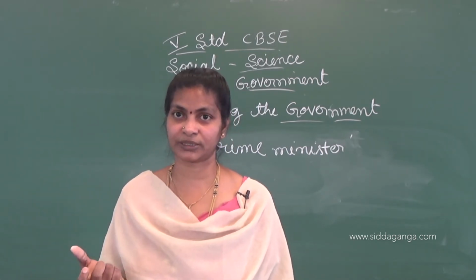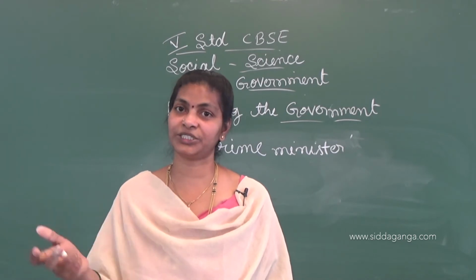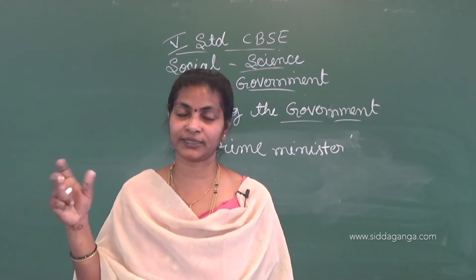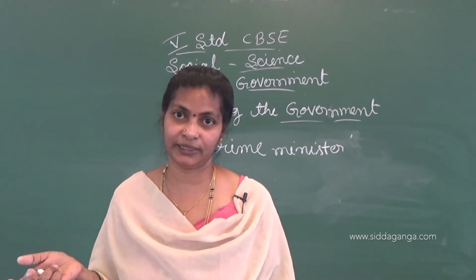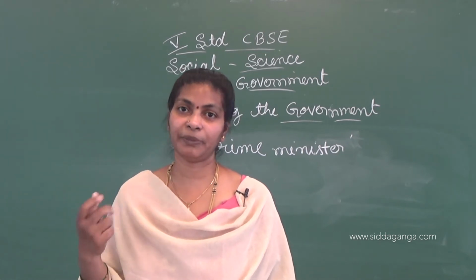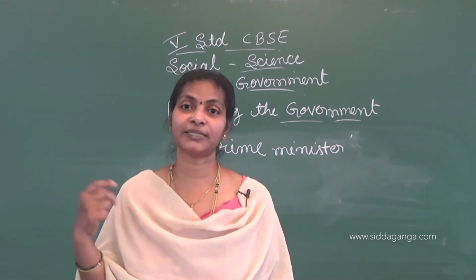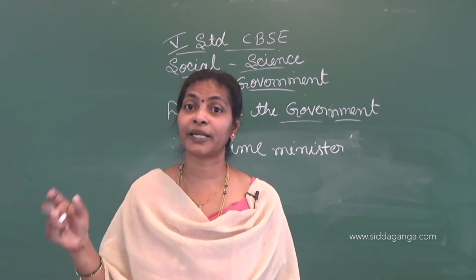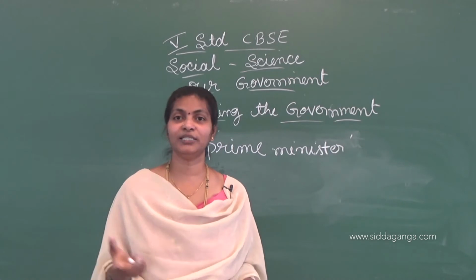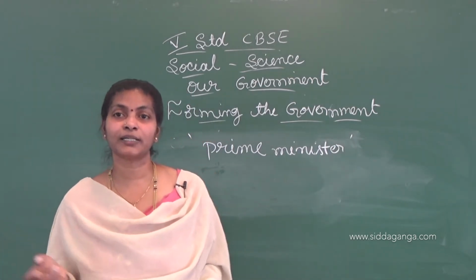Later, those members are appointed as ministers by the president. In this way, the prime minister and his cabinet members are appointed by the president, and they form the central government.